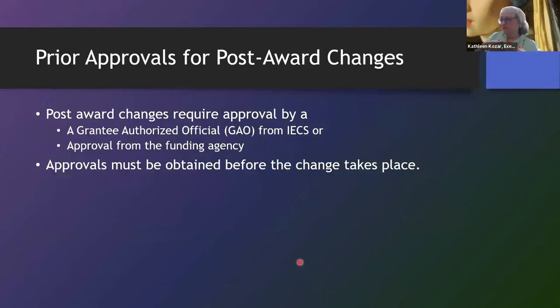But there are other times when we have to go back to the funding agency to seek prior approval before that activity takes place. Whether it's the internal office at Tulane or the institution that makes the approval, or if we have to go to the federal agency to seek their approval, it has to be obtained before the changes take place.